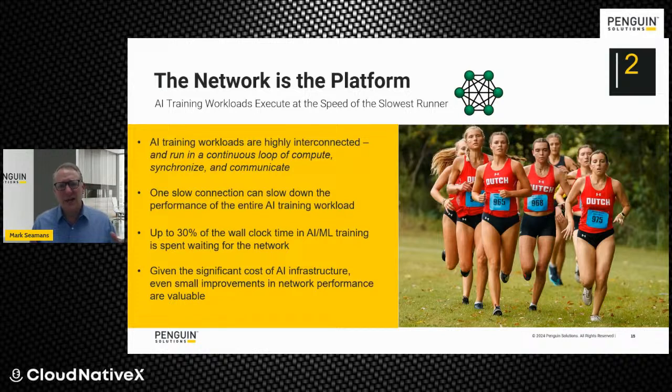Everything executes at the speed of the slowest connection, the slowest node, and the slowest link, because these training systems run in a continuous loop of executing compute and then resynchronizing, communicating and sharing information between all of the nodes. So if one node is working slowly, or if that communication is slow, the entire operation is slowed down. A single slow connection can slow the whole thing down.